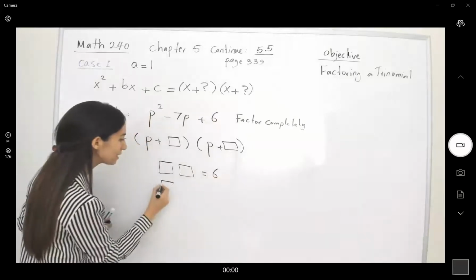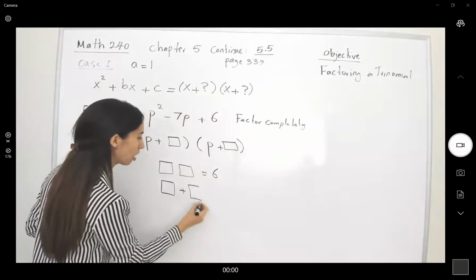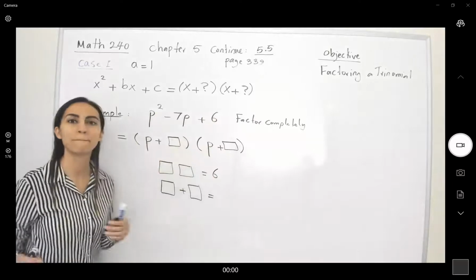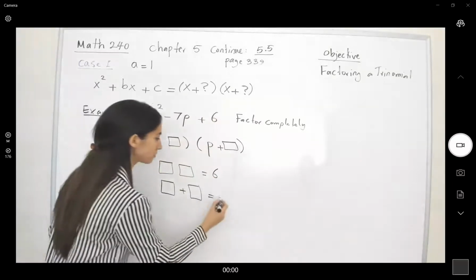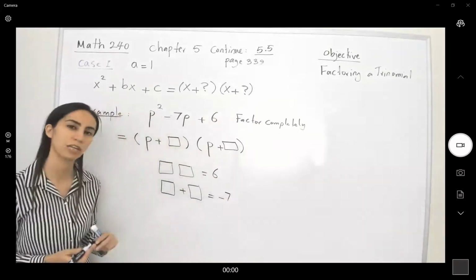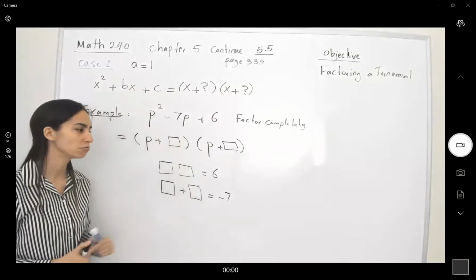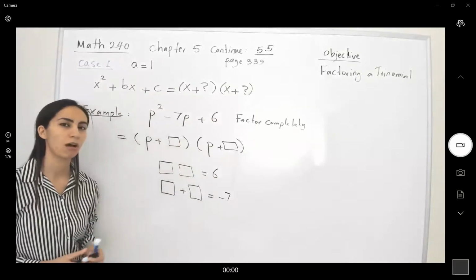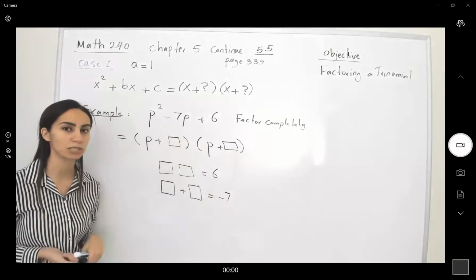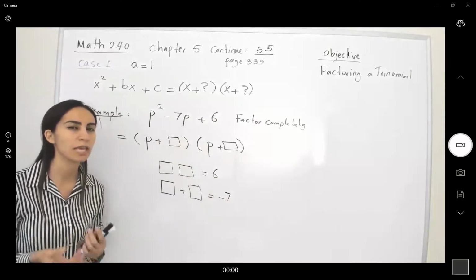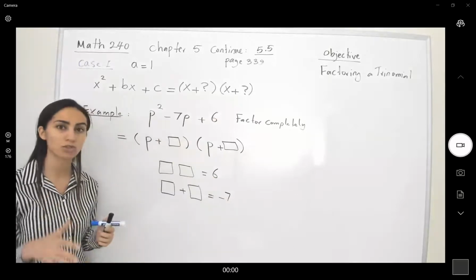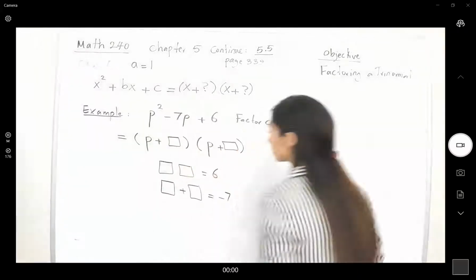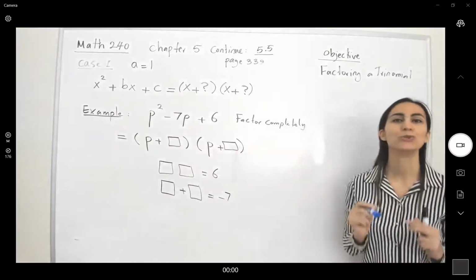And if you add them together, the sum is equal to minus 7. Very well. So the multiplication of two numbers is equal to 6. Their sum is negative. Okay, let us try to investigate what are those two numbers.